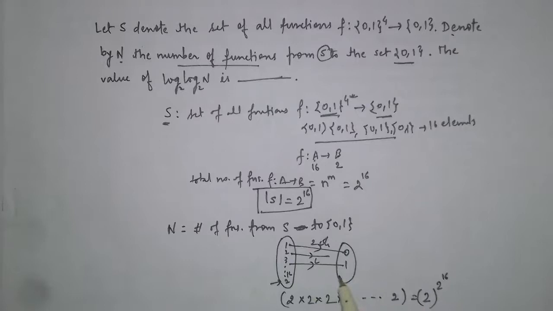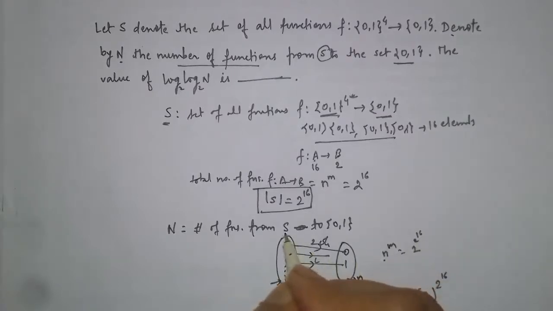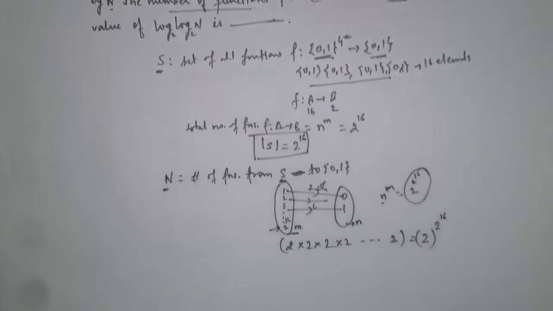Or you can use this: if the cardinality of this set is m and the cardinality of this set is n, then n to the power m. Here n is 2 and m is 2 to the power 16, because for a function from set S to {0, 1}, the size of S is 2 to the power 16. So this is the value.